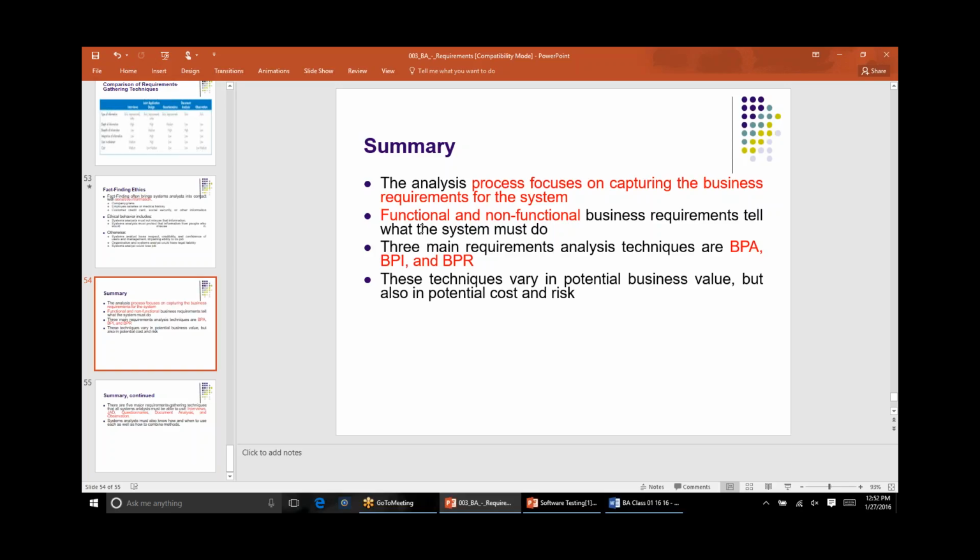We talk about functional requirements, non-functional requirements, business process automation, business process improvement, and business process requirements. We also identify business value, which is very important, asking what this project is going to cost and what the risk of this project is.